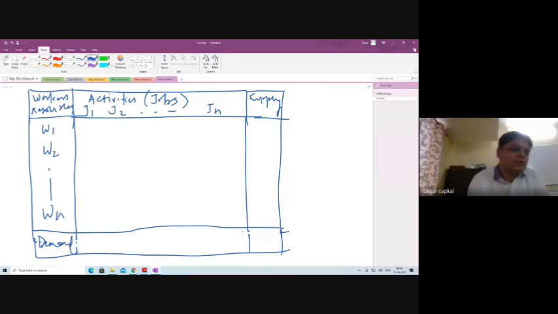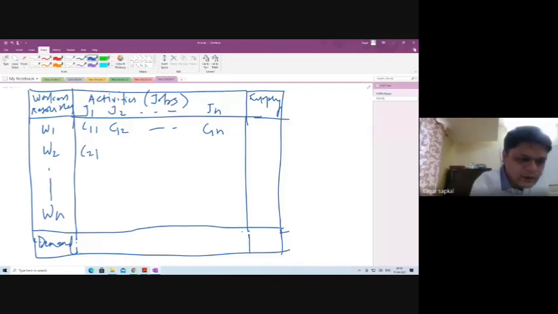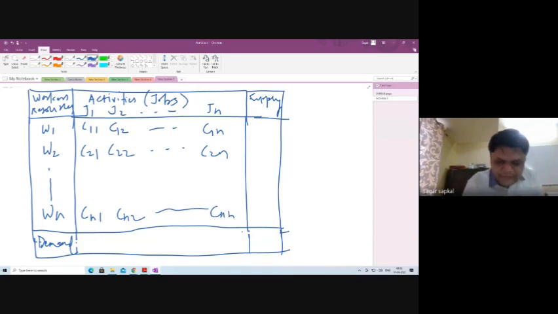Okay, now suppose worker or resource W1 is assigned to job J1, or job J1 is assigned to worker W1, the cost is C11. Similarly, if J2 is assigned to W1, then the cost will be C12 and so on up to C1n. Similarly, this will be C21, C22 up to C2n, and this will be Cn1, Cn2 up to Cnn.